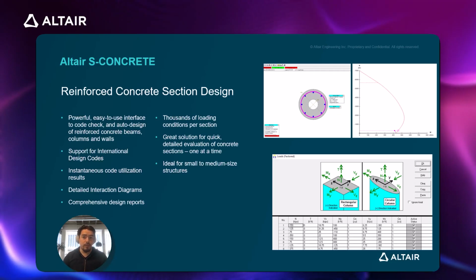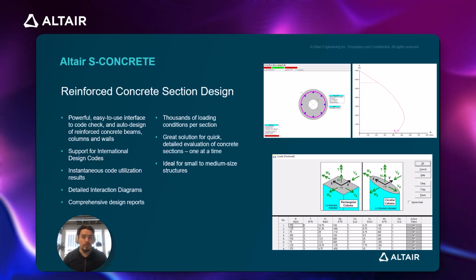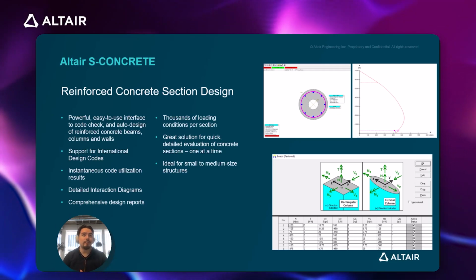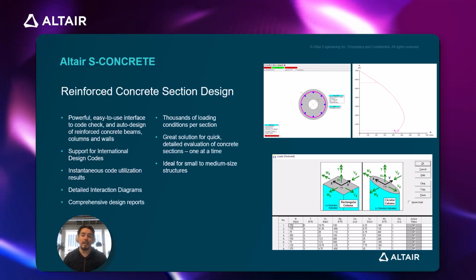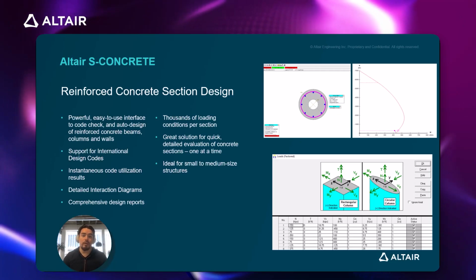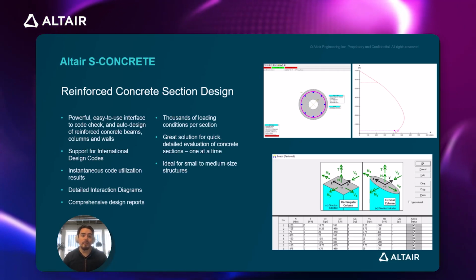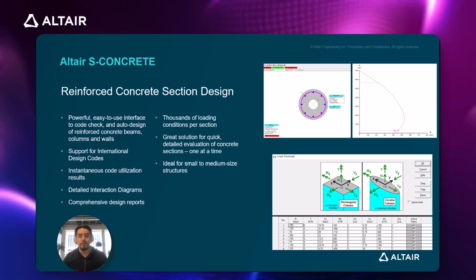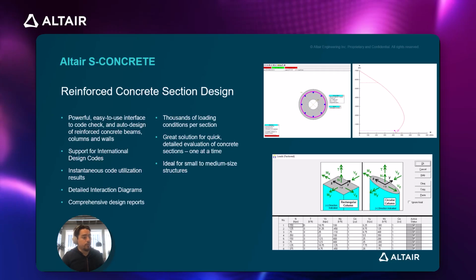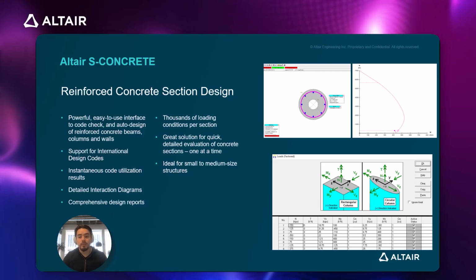In addition to this, which is very important and is why most of us design with these types of tools, it supports international design codes depending on where we are. So S-CONCRETE can provide you with instantaneous code utilization results depending on these particular codes.